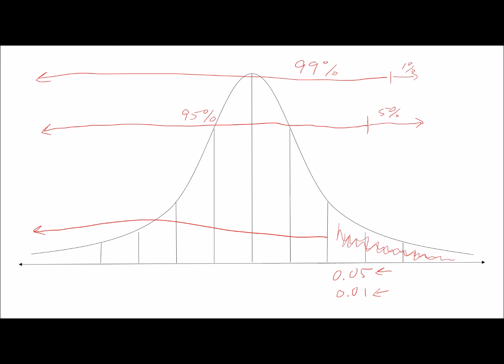So if we set the probabilities at 1%, right here, we're talking about a result or a difference between our sample mean and the mean of means of a 1% chance of getting that score, 1% to the tail. That leaves us 99% within the range of what would be the null hypothesis.